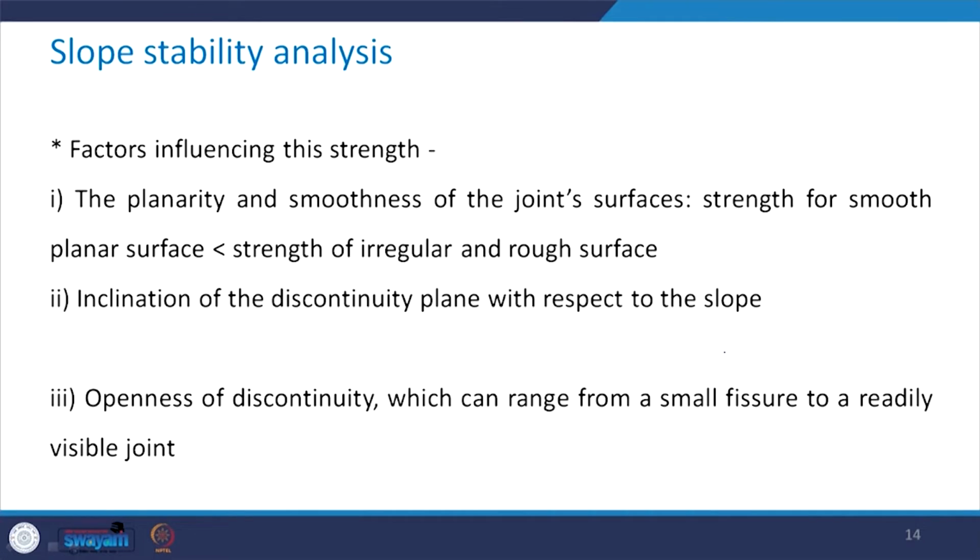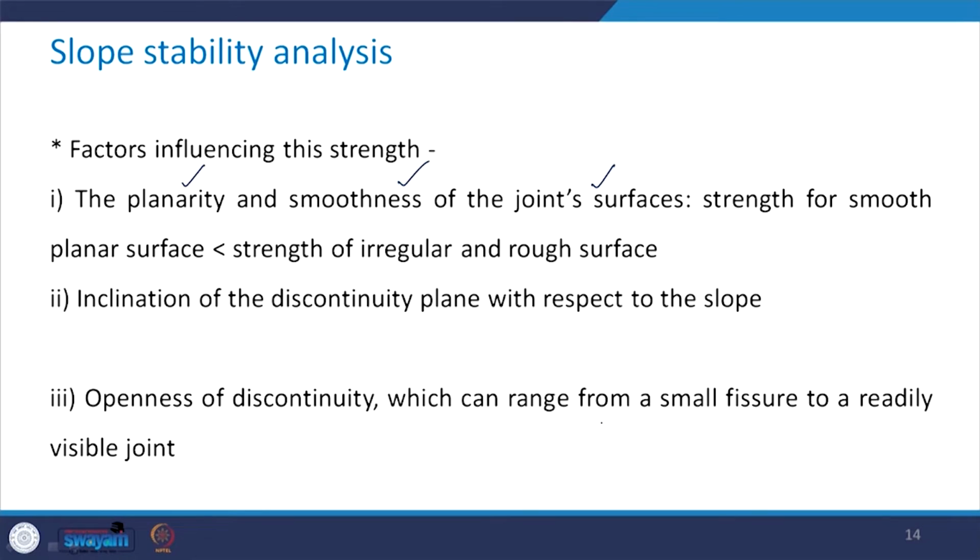The factors which influence the strength characteristic of the joints or the bedding planes include the planarity and smoothness of the joint surface. This we have seen when we were discussing the characteristics of the joints and the classification of the rocks and rock masses.